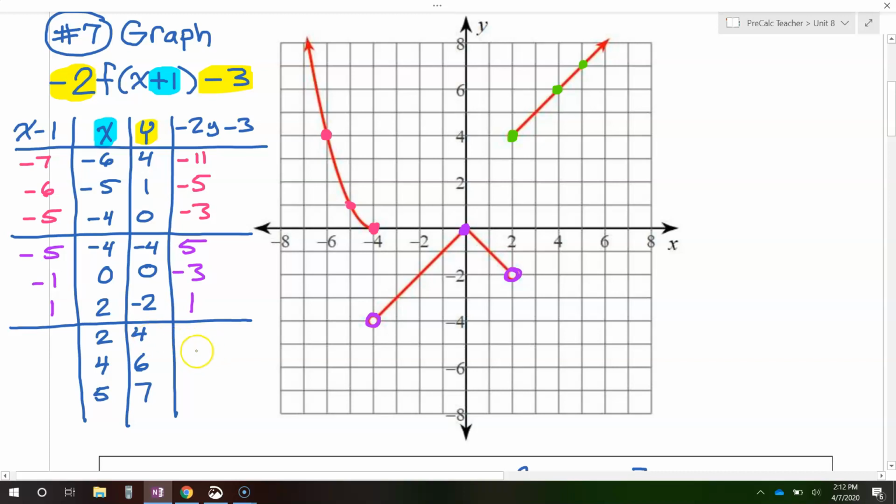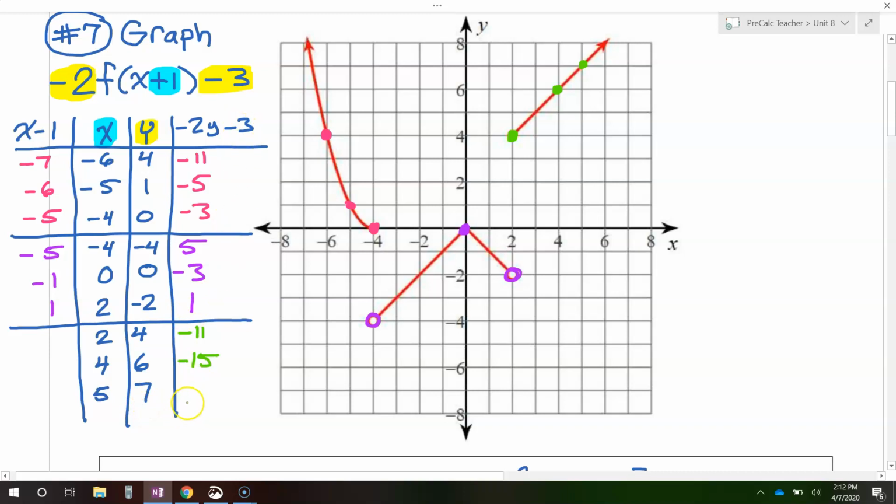And the last section, -2 times 4, well, we already know that's -11. -2 times 6 is -12. And then minus 3 is -15. All right, so this is going to go off the graph, guys. Sorry. -2 times 7 is -14.